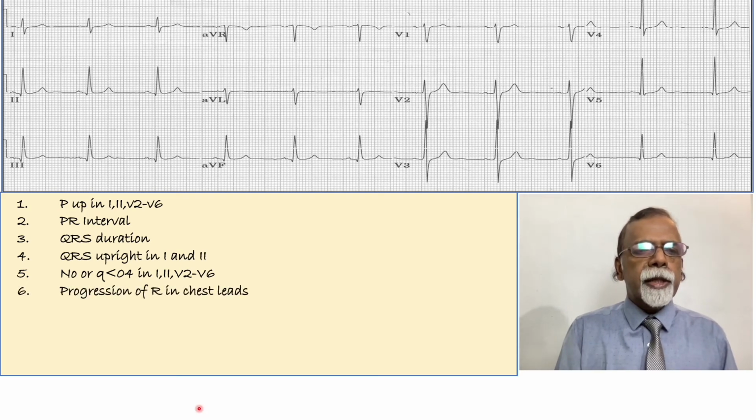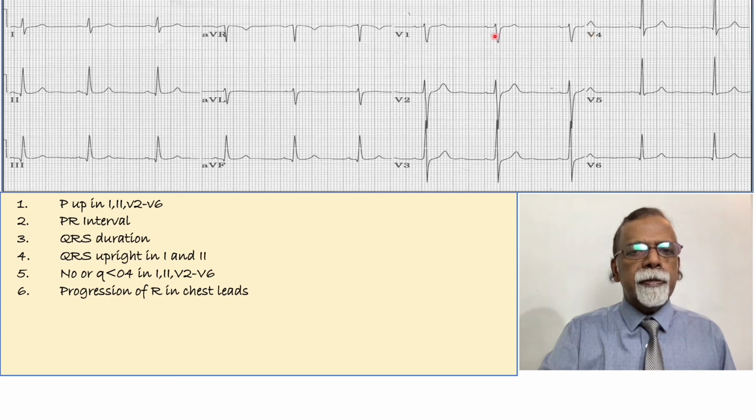Next you will be looking at the progression of the R wave. Normally the R wave will progress from V1 to V4, that is comparatively a small r. By the time it reaches the V4, it becomes dominantly positive. This is called a normal progression of the R wave.